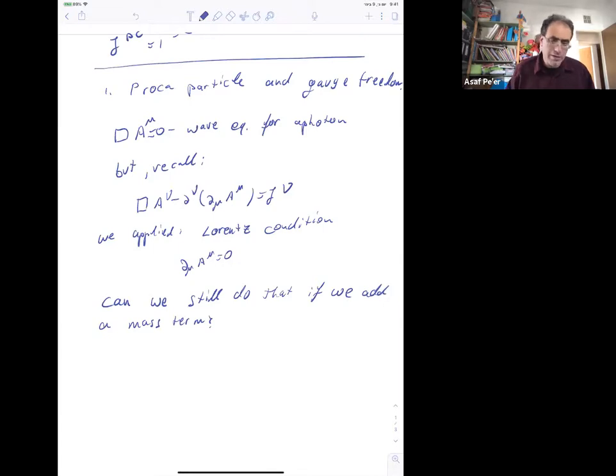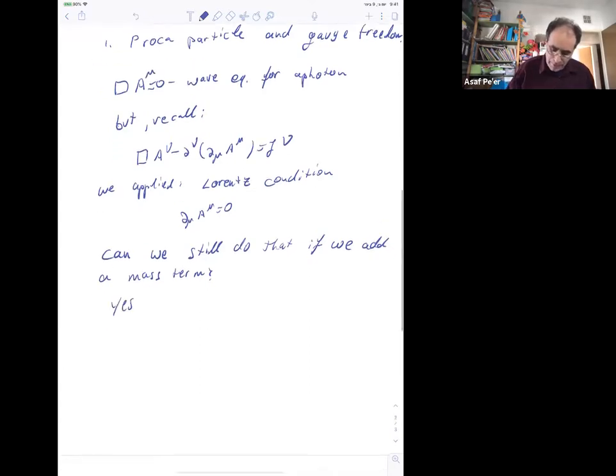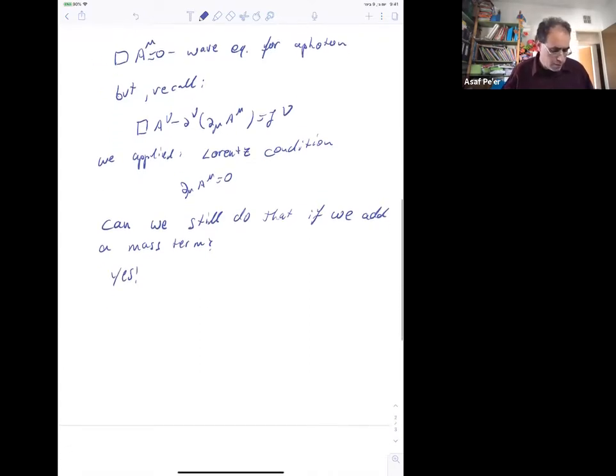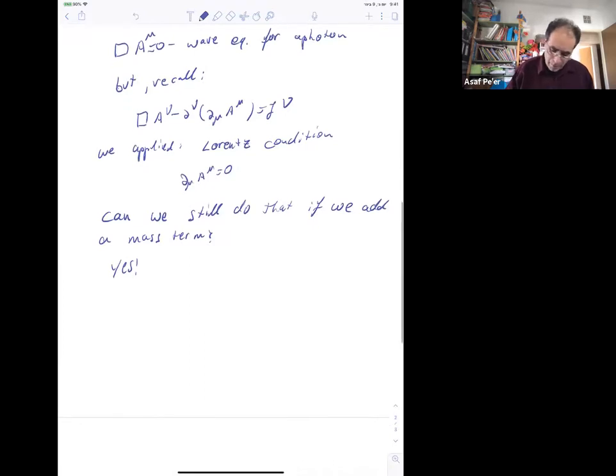So it turns out that the answer is yes. Of course, when we add a mass, then the gauge freedom disappears, but the Lorentz condition still holds. So I'm going to show it to you right now. I'll just write it down.